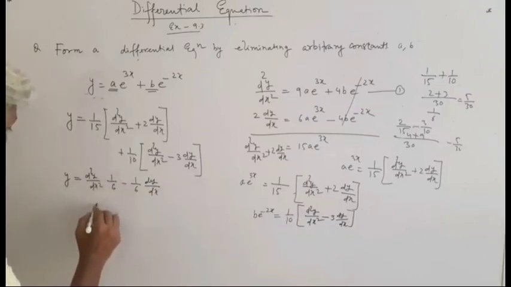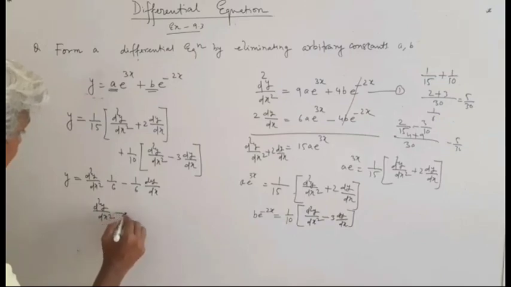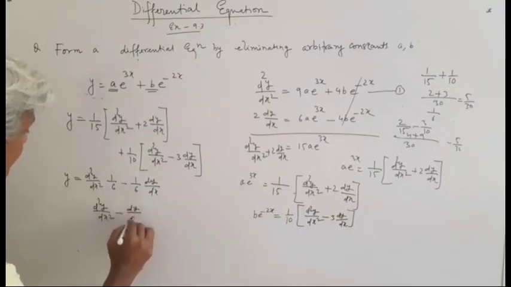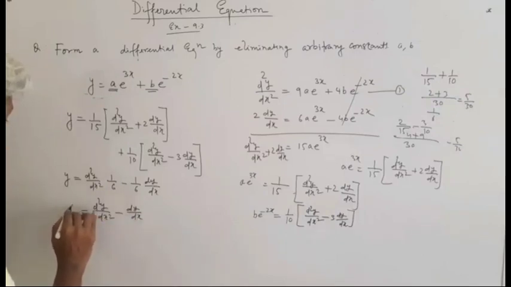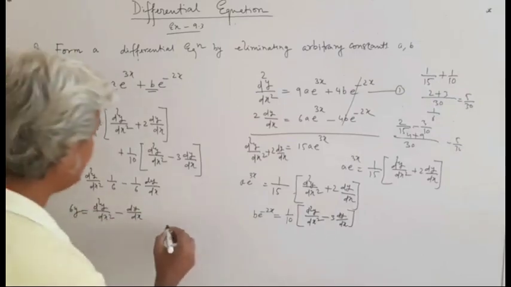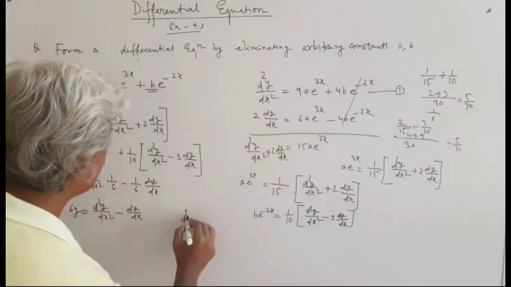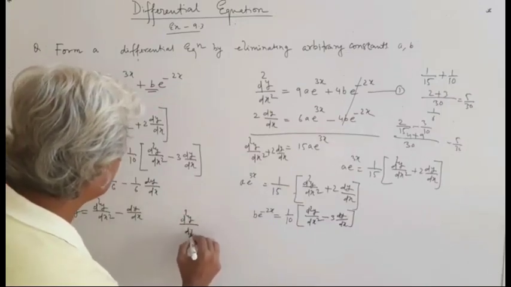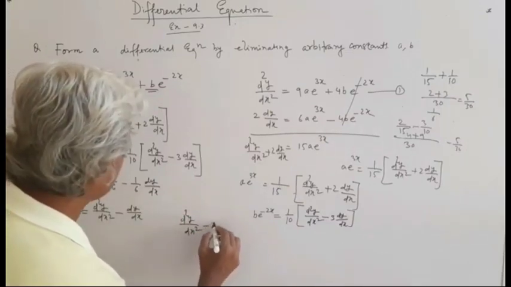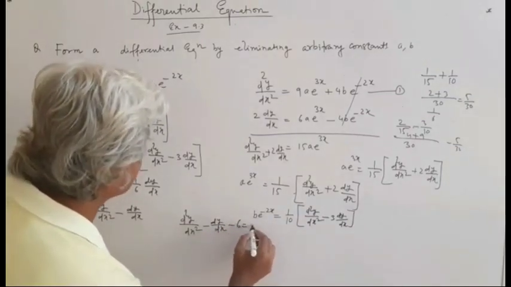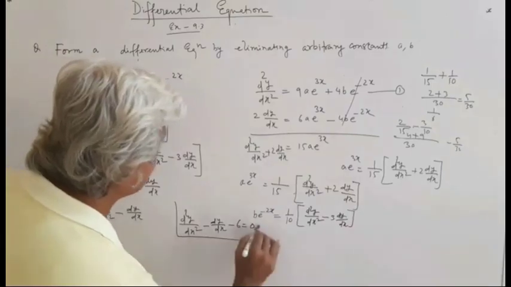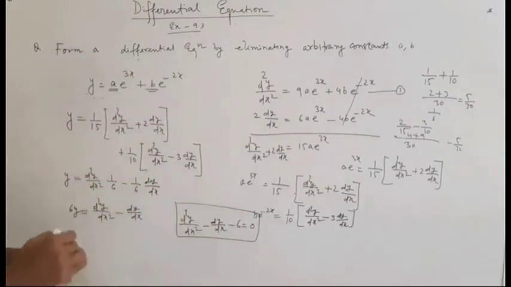So this becomes d square y by dx square minus dy by dx equals 6y. Finally it will become d square y by dx square minus dy by dx minus 6 equal to 0, and this is your final equation.